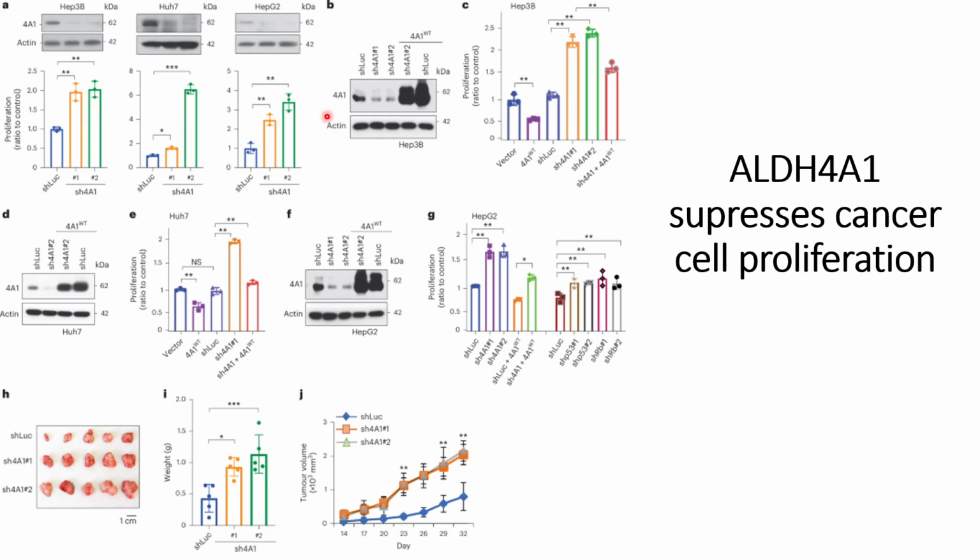Panel B shows the Western blot results of one of the cancer cell lines, HEP3B. It shows a decrease in ALDH4A1 compared to the controls, and in the results they have seen that whenever ALDH4A1 is suppressed, the proliferation rates are high.